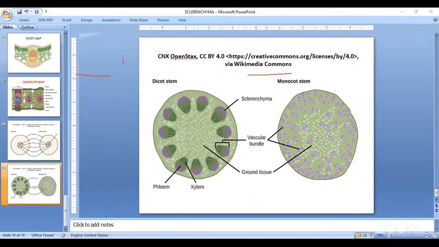First epidermis, second cortex, and stele. Three regions.